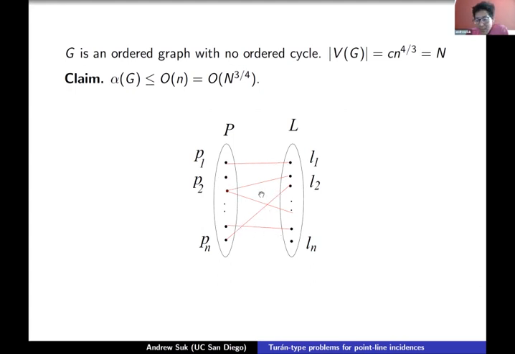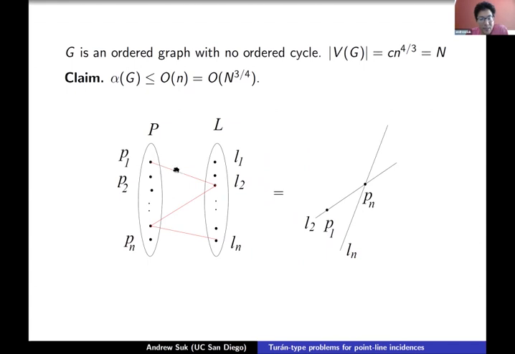So remember, this is an independent set, and basically what that means is that you won't have this Z pattern here. Because if you had this Z pattern here, this vertex and this vertex in G would be adjacent because of this edge here. So L2 hits that second point.